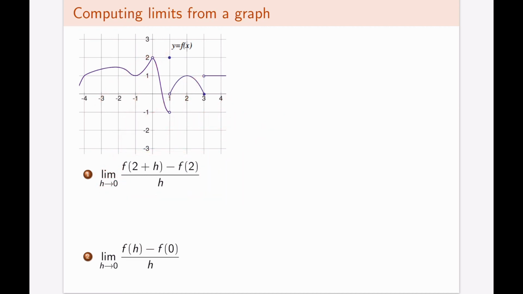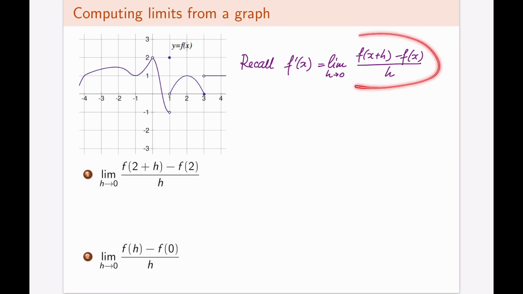Hopefully, you actually did manage to remember that this is f prime of x, the definition of the derivative of x. So what we had is this is equal to limit as h goes to 0 of f of x plus h minus f of x divided by h. So I can simply literally just match this expression to this one.